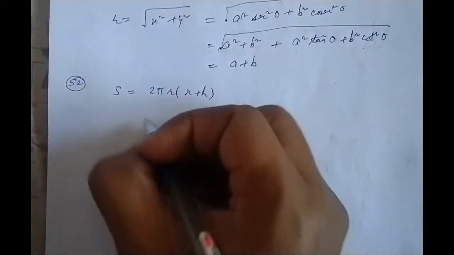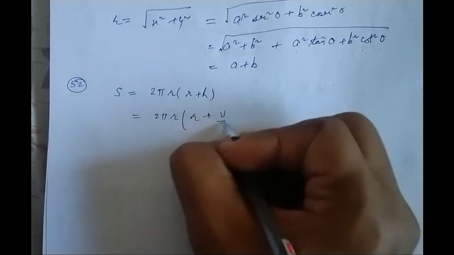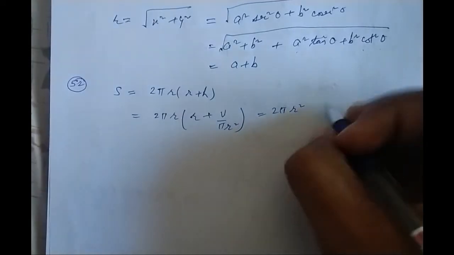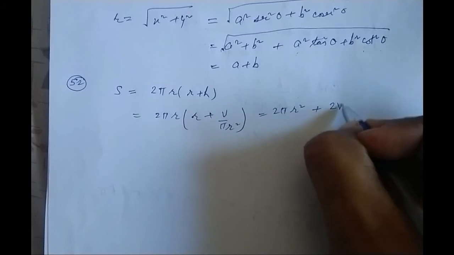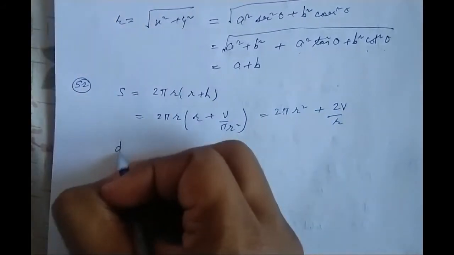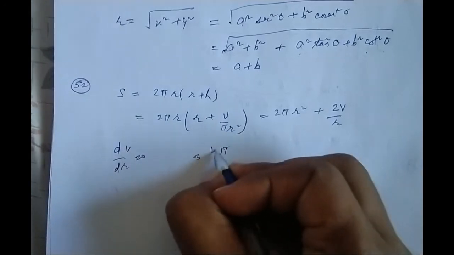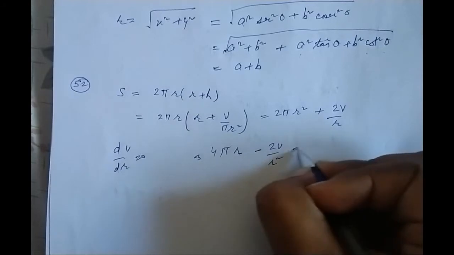Two pi r square plus 2v by r. Now since dS by dr is equal to 0, this implies 4 pi r minus 2v by r square is equal to 0.